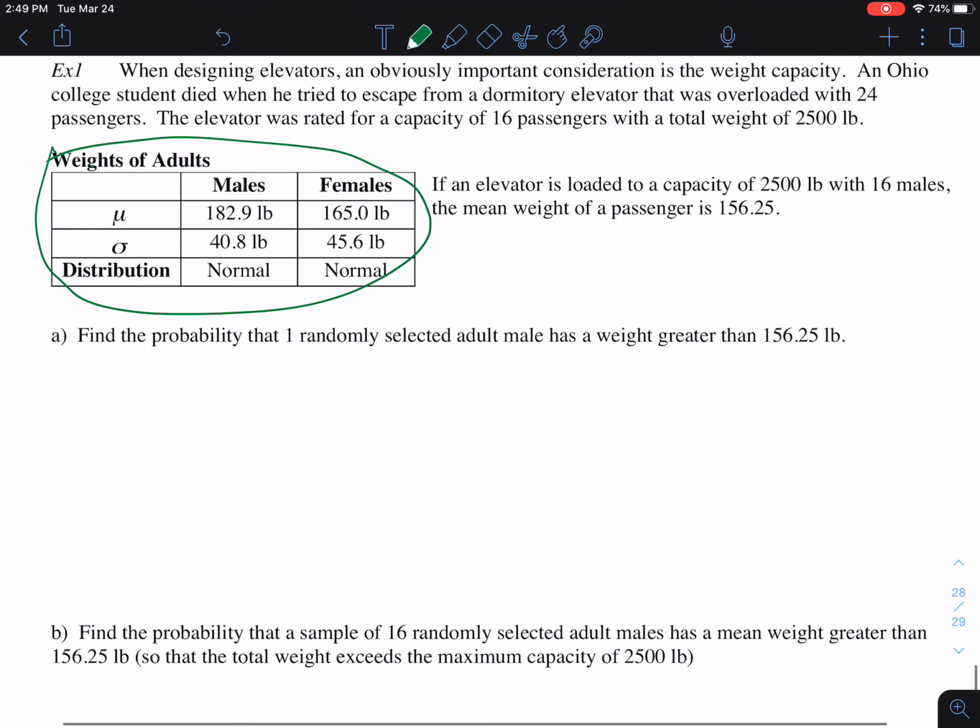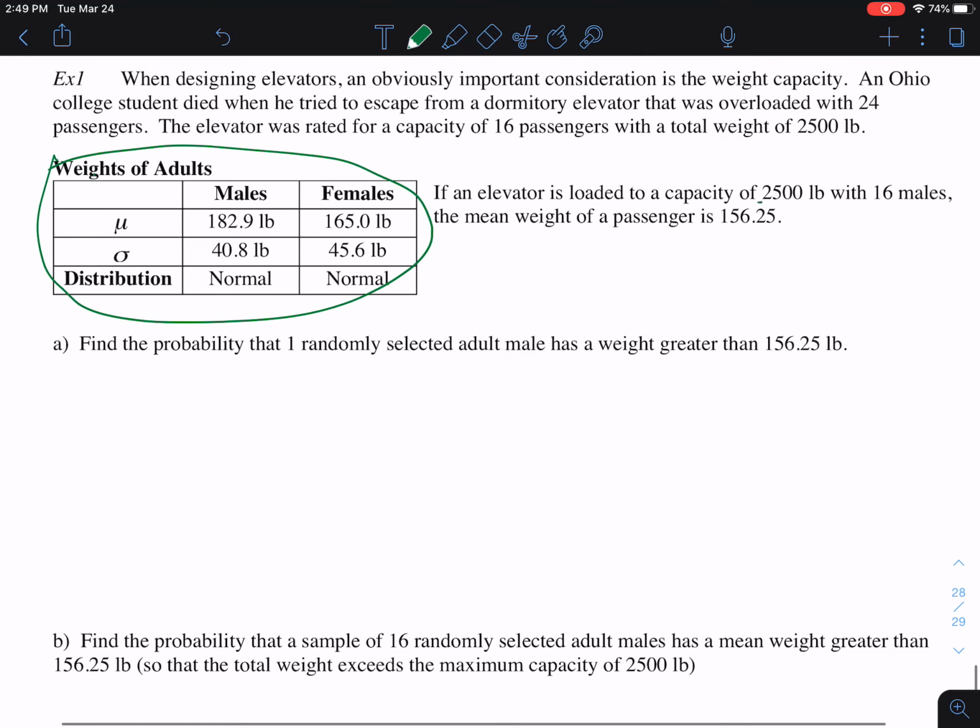This is saying that an elevator is loaded to its capacity of 2,500. If an elevator has a capacity of 2,500 with 16 possible males, the average weight of a passenger should be around 156.25 pounds. If one person weighed 156.25 pounds, then 16 of them together reach the maximum capacity.